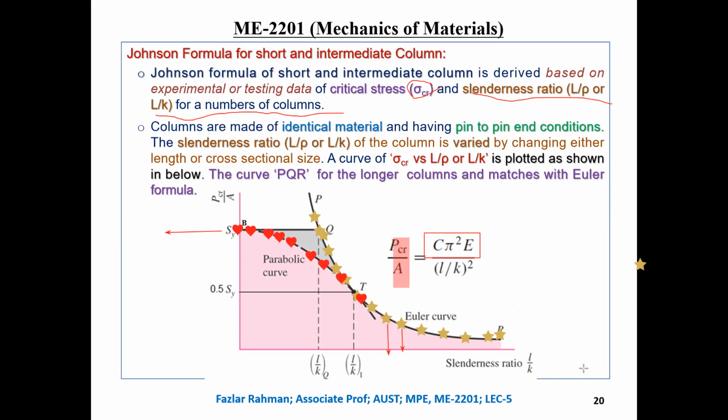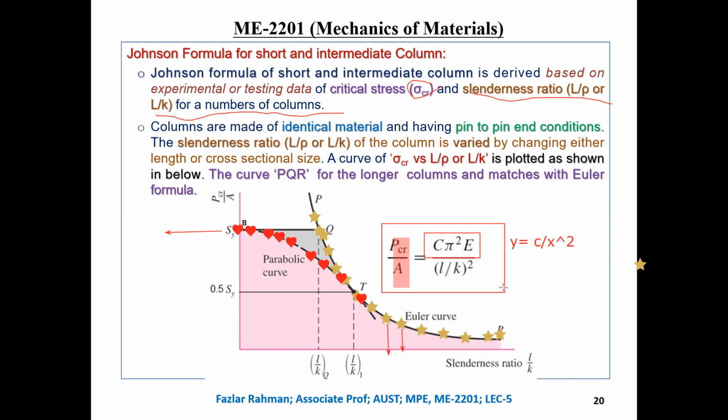The X-axis is along L by K. So this equation I can express as Y equal to some constant C divided by X square, right? Then he figured out that all these points exactly maintain this Euler equation.